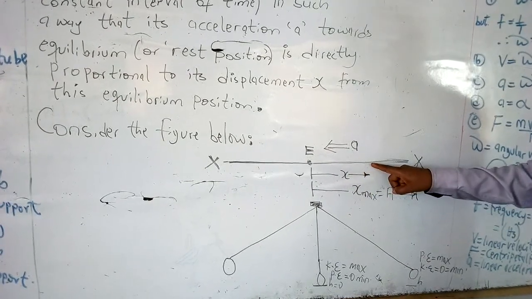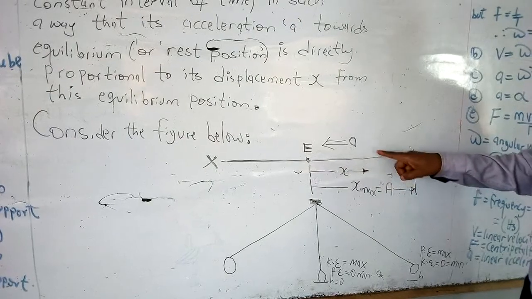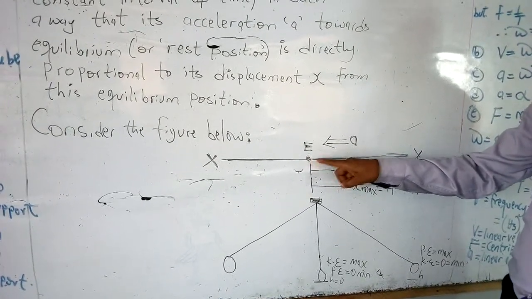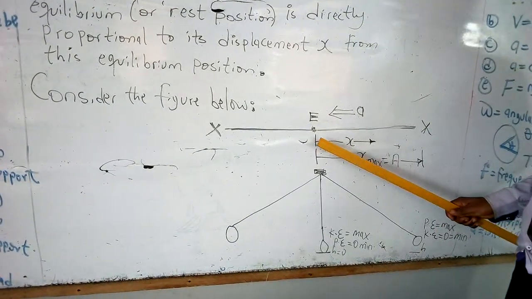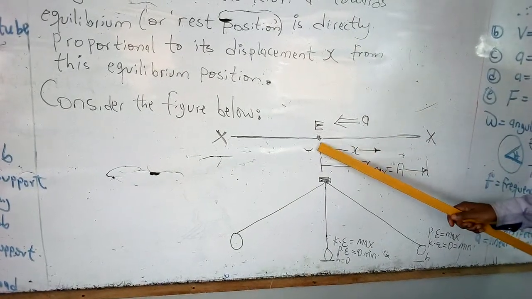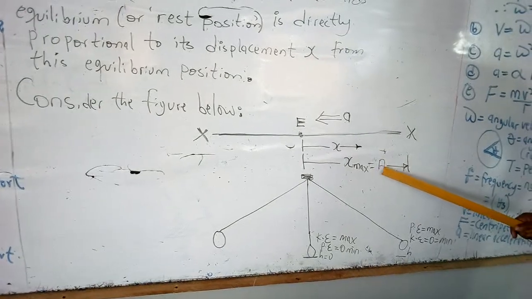It has been observed that the displacement is directly proportional to the acceleration of this particle towards the equilibrium point. There is a maximum level of displacement. The maximum displacement of this particle from equilibrium position is called the amplitude A.